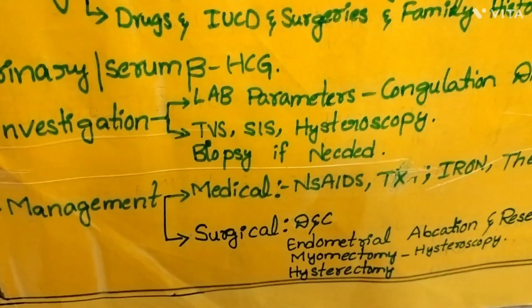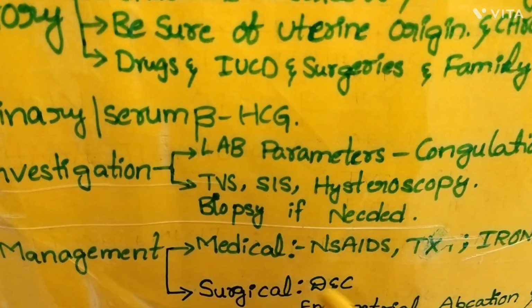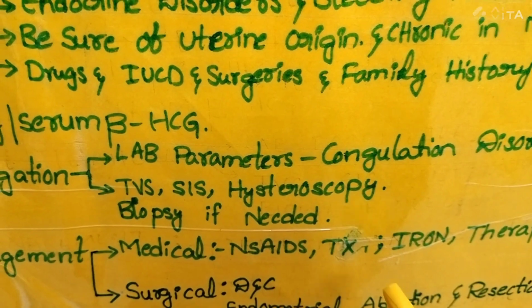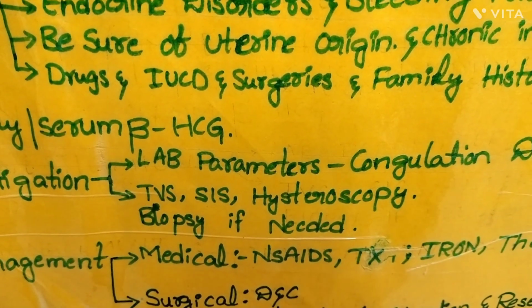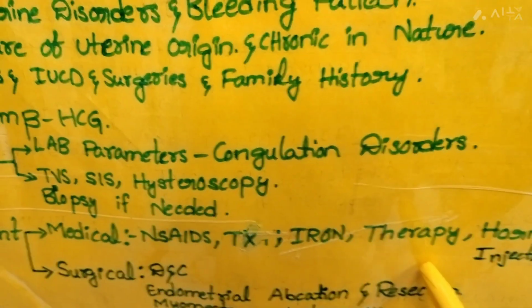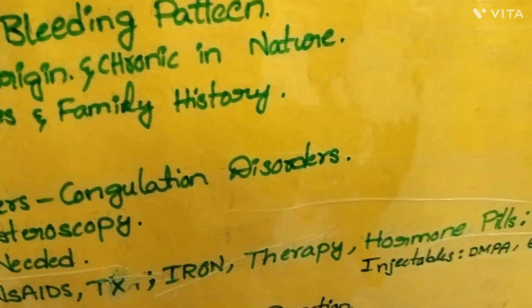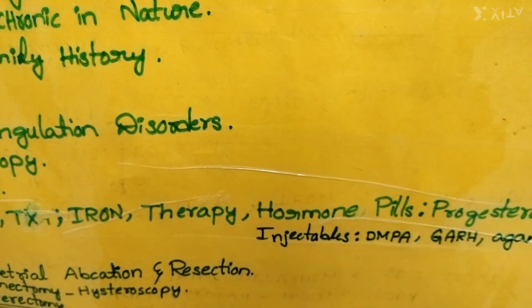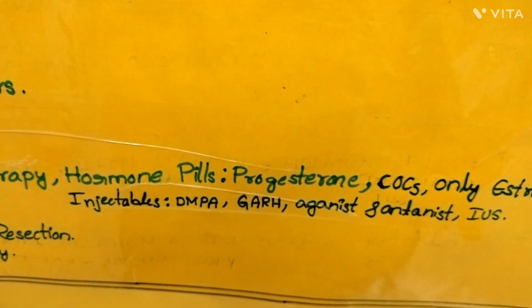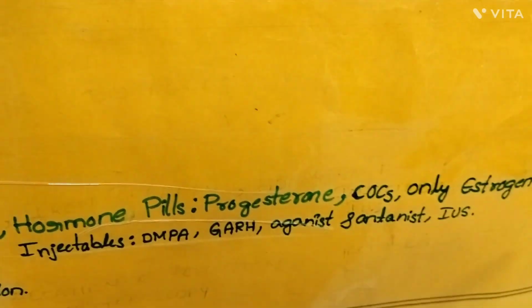Management. First thing, we'll mostly go with the medical management. To reduce the pain we'll give NSAIDs, and depending on the severity of the anemia that is present, we'll go with iron therapy. And if it is endometrial hyperplasia, the main thing is that it is because of an excessive amount of estrogen, so we will go with progesterone-only pills, and we can also give combined oral pills depending on the condition.